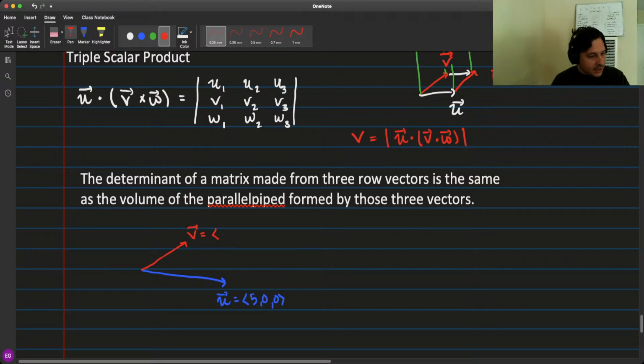We're going to make it 0, 5, 0. And then my W will be, I don't know, 0, 0, 2.